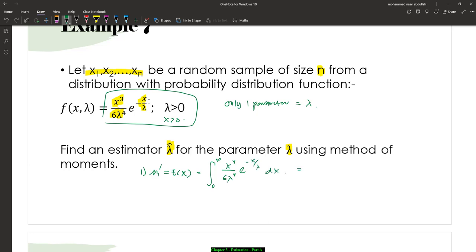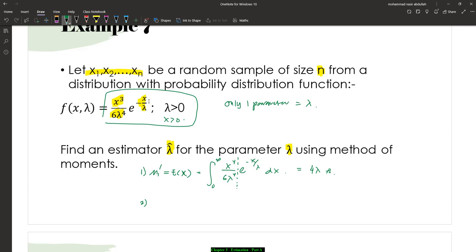You need to do integration by parts because we have two separate variables, x power of 4 and exponential negative x. When you do the integration by parts, you should get 4 lambda.